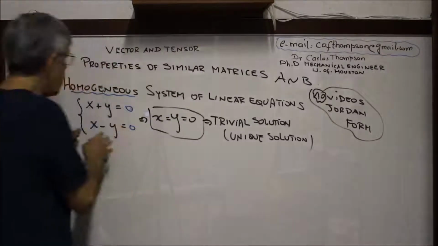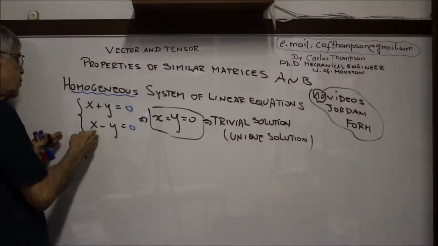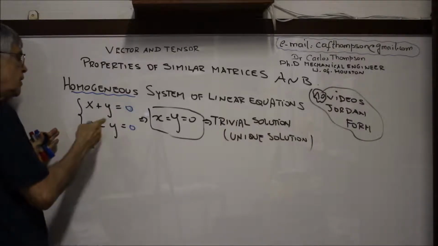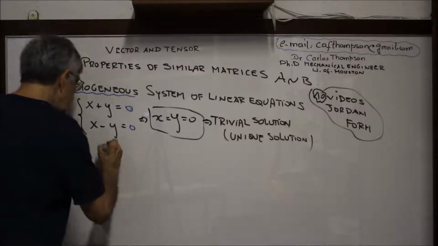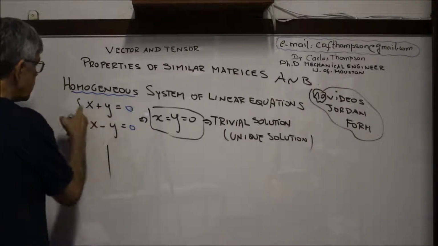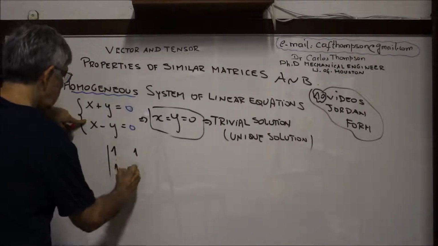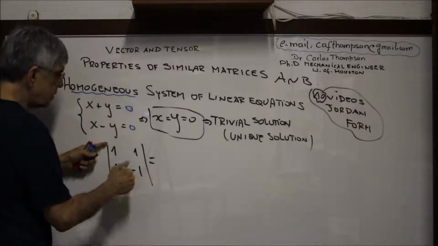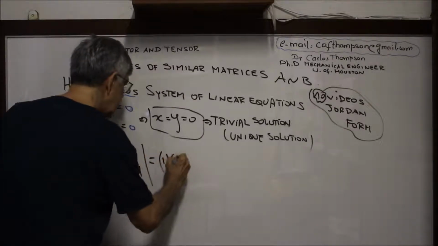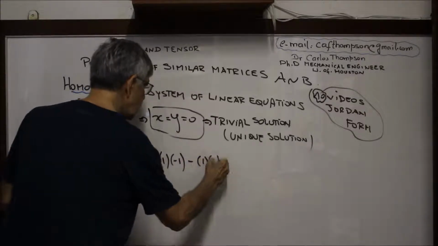So for a homogeneous equation, there is a test that will show us if we have a trivial solution. Let's work with the determinant of the coefficients. See this 1, now 1 and minus 1. So let's calculate: 1 times minus 1, minus 1 times 1.